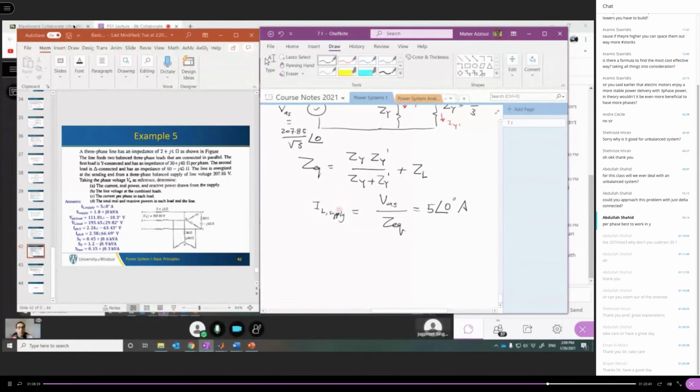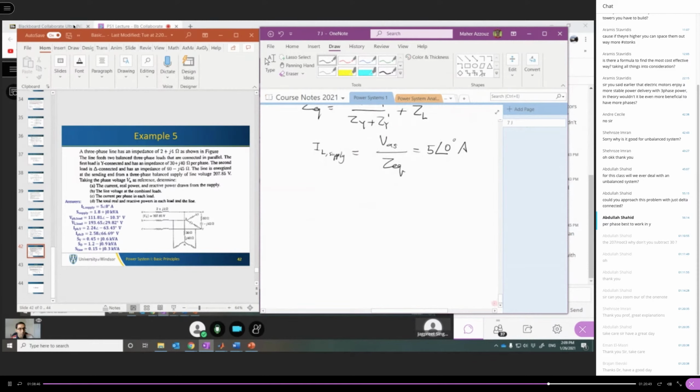If you have the line current and you also have the phase voltage, then you can calculate the power of the supply. So S supply as 3 phase is equal to 3 V phase I phase cos(theta V minus theta I), or √3 V line I line cos(theta V minus theta I).